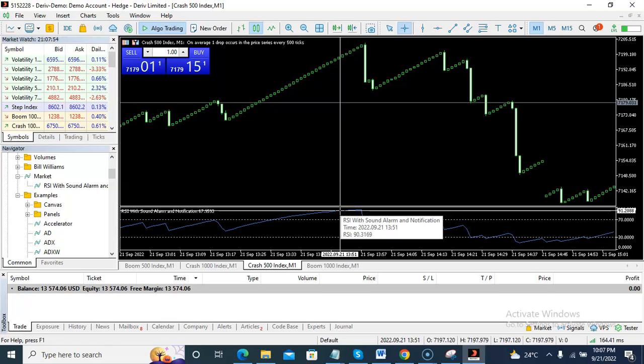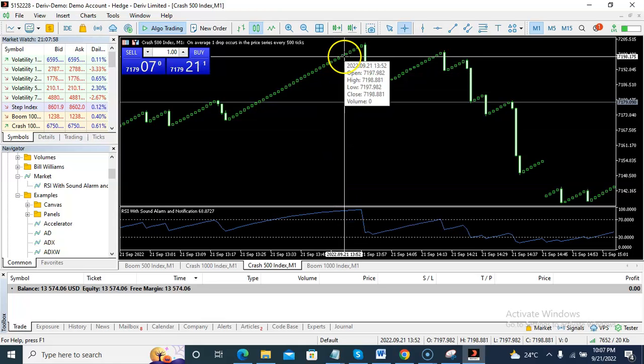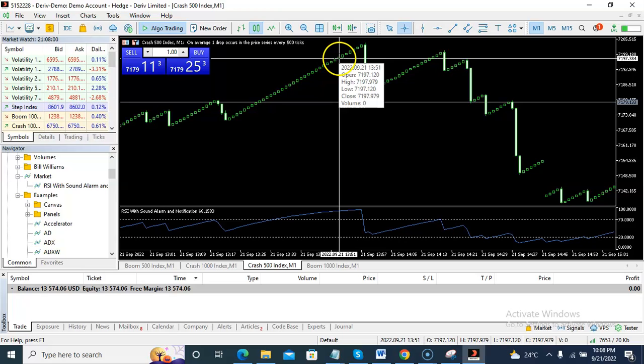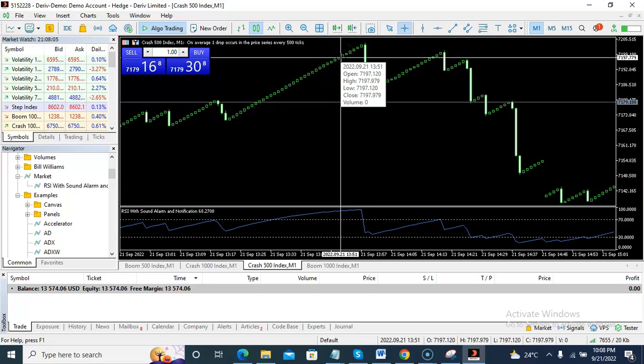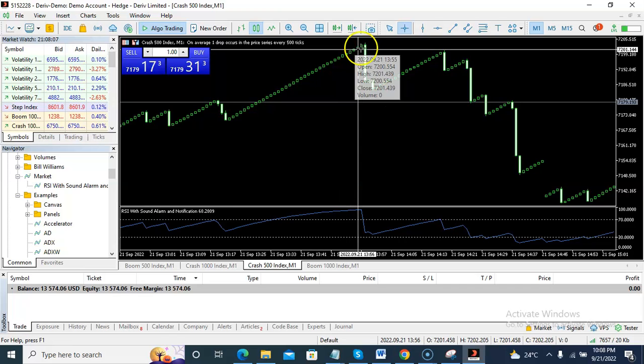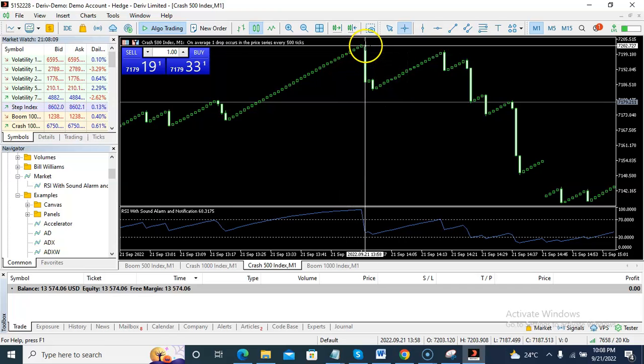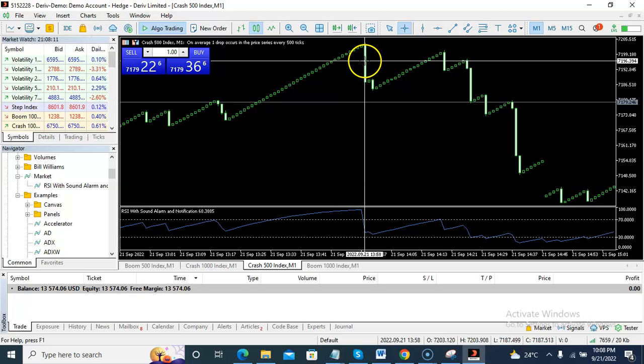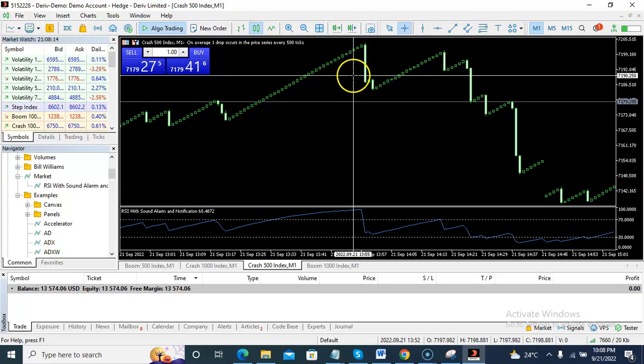At the top of the chart, at this candle around here, when the RSI crossed 90 in this overbought region, within the next 1, 2, 3, 4, 5, 6 candles, which is 6 minutes, a spike occurred. That is the accuracy of this strategy.